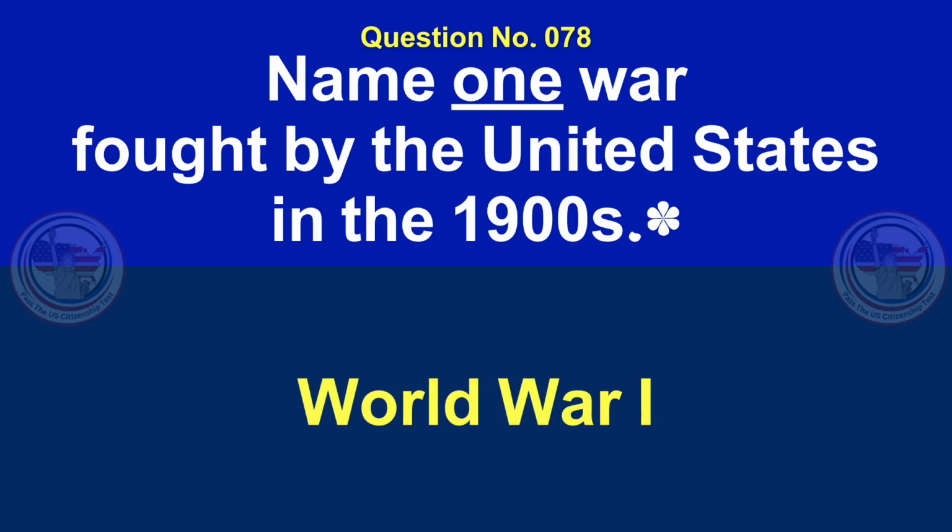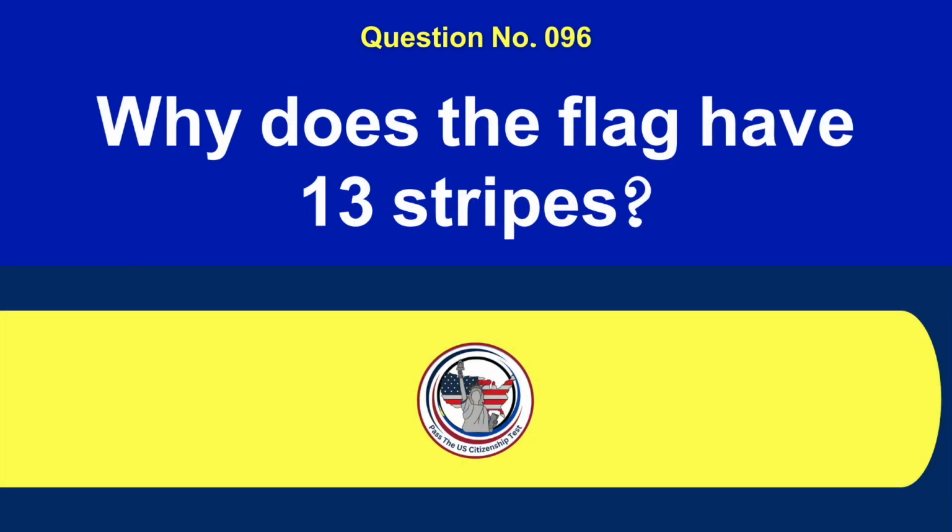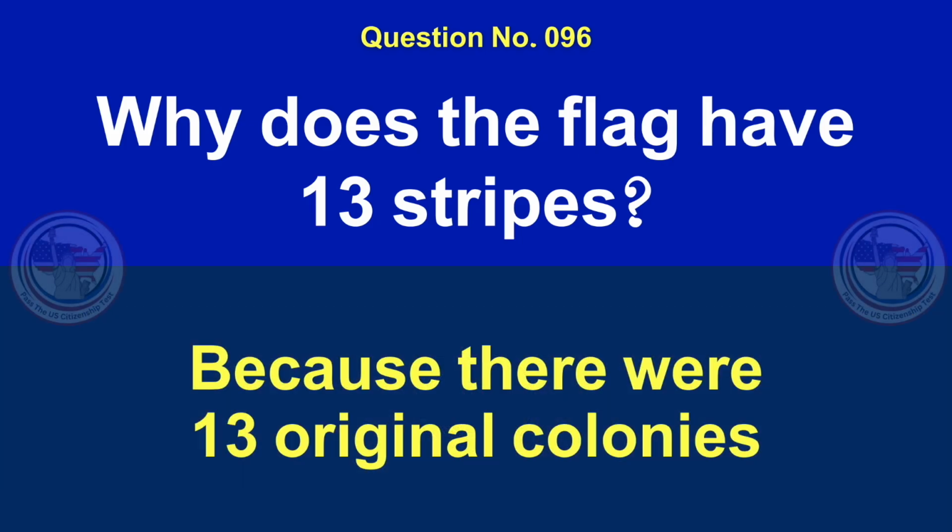World War I. Why does the flag have 13 stripes? Because there were 13 original colonies.